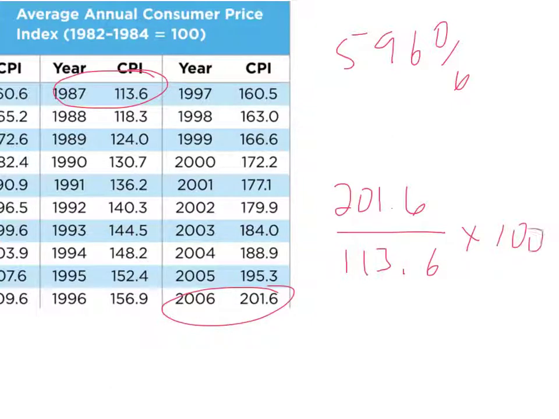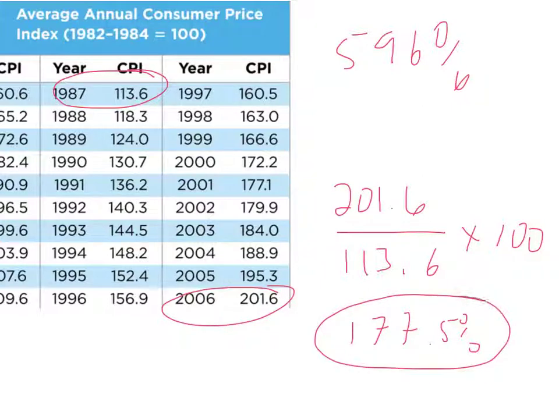Since I'm comparing percentages, I'm going to change that back to a percentage. So 201.6 divided by 113.6 times 100. I got 177.5%. So inflation, things cost just under 200% more in those almost 20 years.